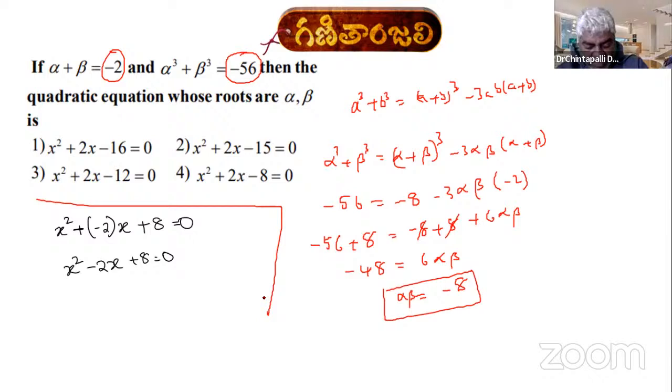The formula is x square minus of alpha plus beta, minus of alpha plus beta. Oh, yes, so it will be positive, sir. So it's x square plus 2x minus 8. So it's option 4, sir.